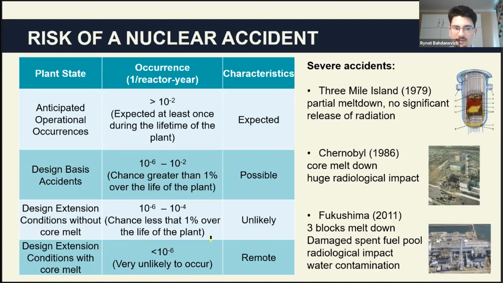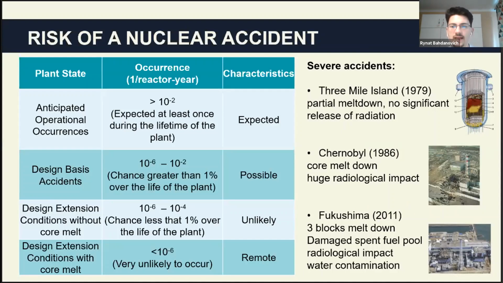And there were 3 severe accidents. Major accidents at industrial power plants: Three Mile Island accident in 1979, Chernobyl accident in 1986, and Fukushima accident in 2011.